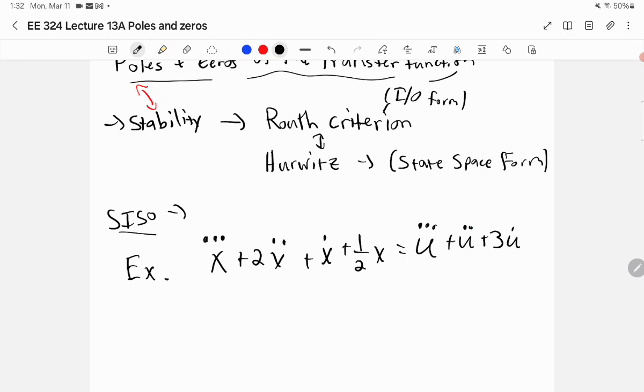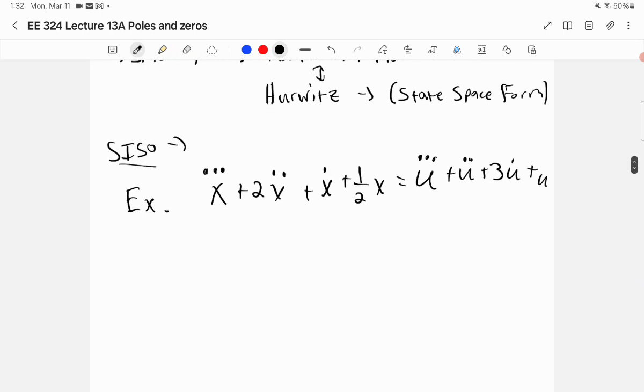It is pretty rare to have the same order for the differential equations on either side, for the input and the output, but it does happen. So why not take a look at one where it does happen?